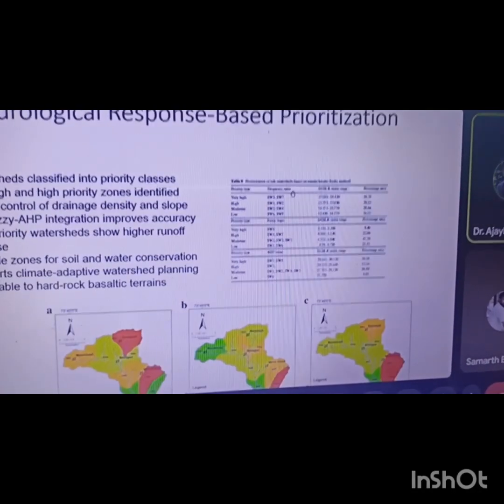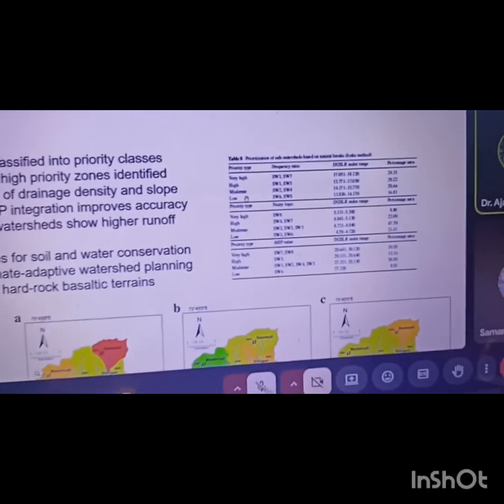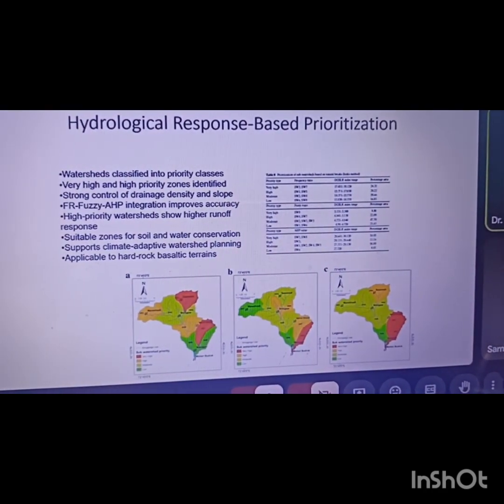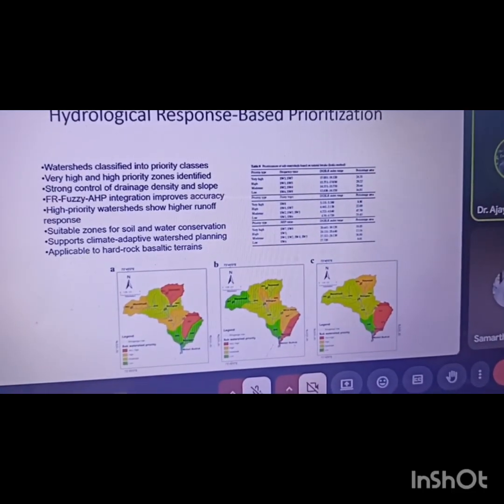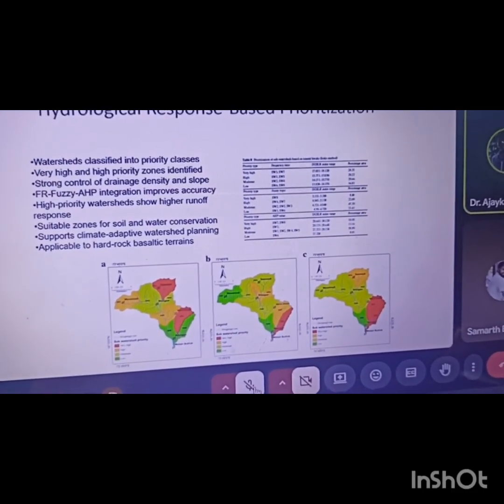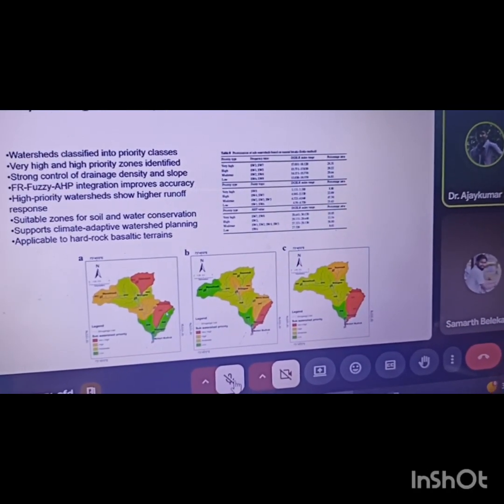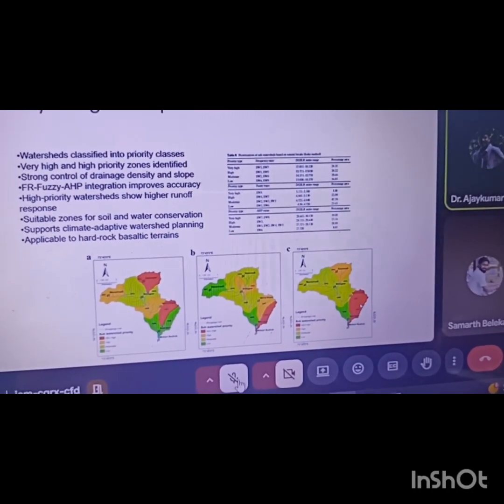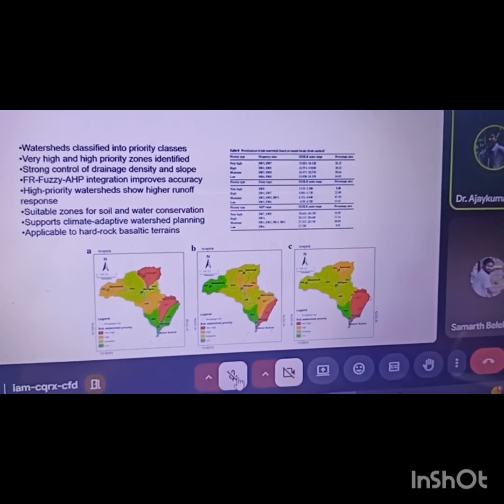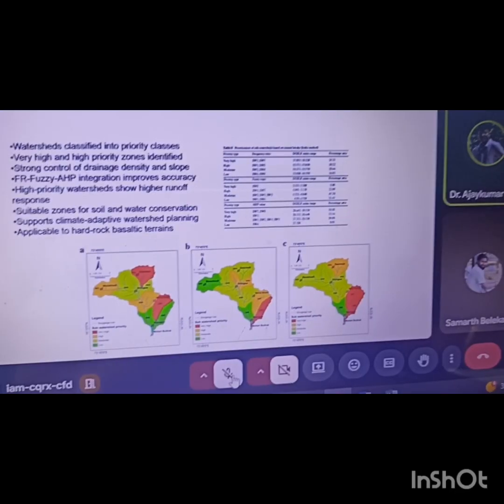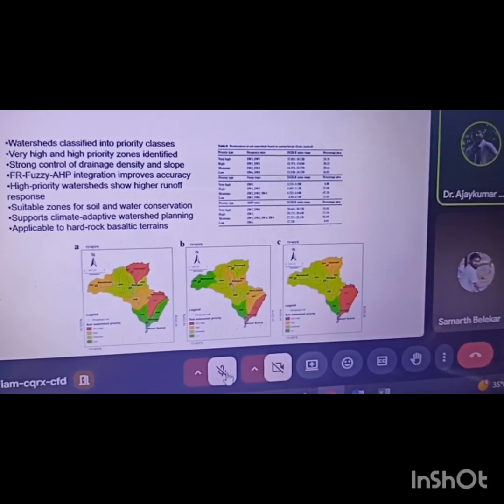Based on this, these are the results, and we found that it shows good correlation with the output we are getting of whether there will be a priority or not. As you see, this part has a higher priority because it has an elongated shape, and all the runoff of this area will easily flow down.